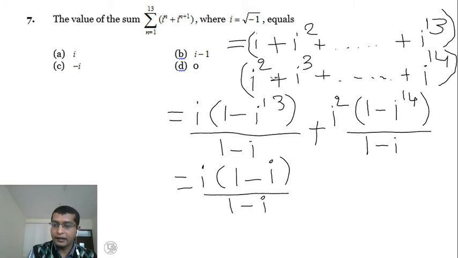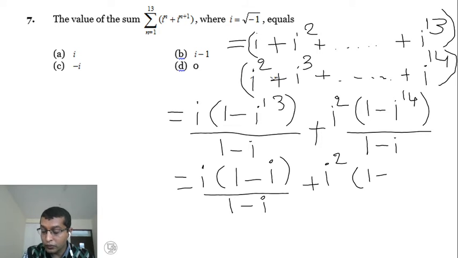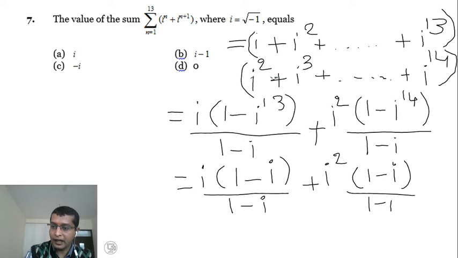And i square as it is, we get 1 minus i raised to 14, it is i raised to 2 raised to 7, so we are going to get i here, right, divided by 1 minus i.